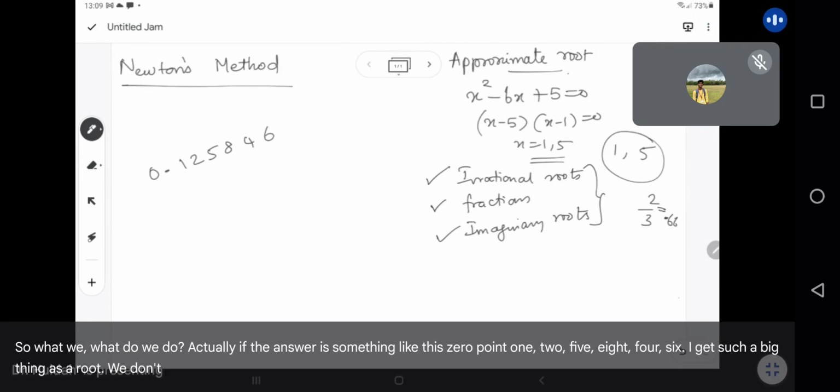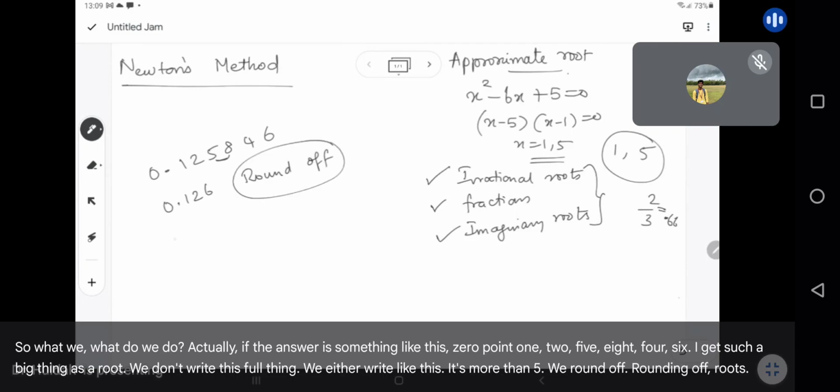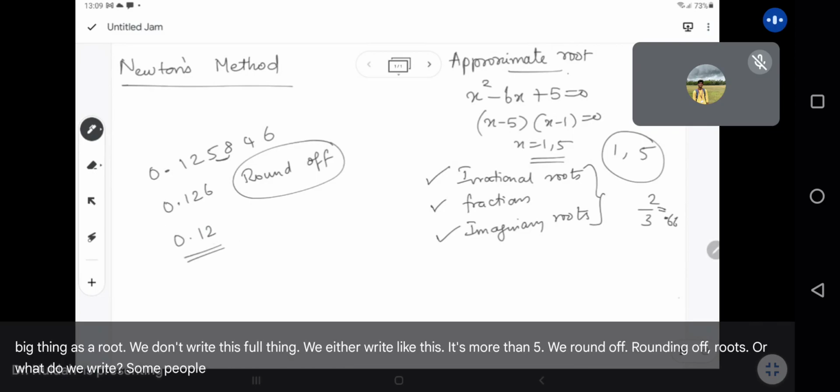We don't write this full thing. We either write like this. If it's more than 5, we round off. Rounding off roots. Or what do we write? Some people write like this. They stop. They say that's enough. So what do we do? Truncate.